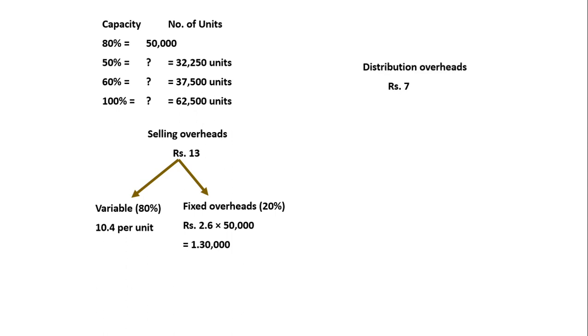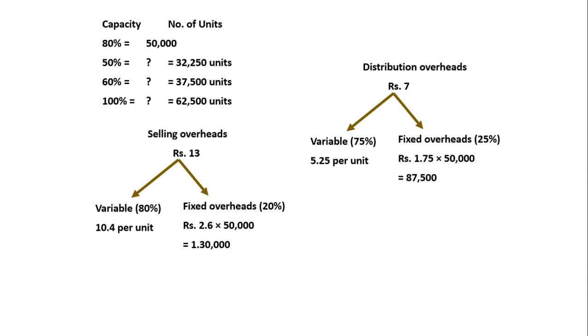Same way, find out for distribution overheads. It is 7 rupees. Among them, it is 75% variable. Why? Because 25% is fixed. 75% of 7 rupees comes 5.25 and the rest, 25%, is fixed. 25% of 7 rupees comes 1.75 into 50,000.